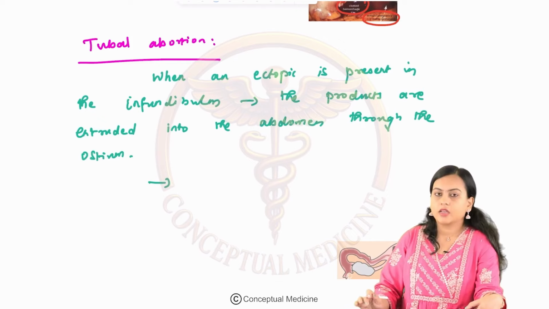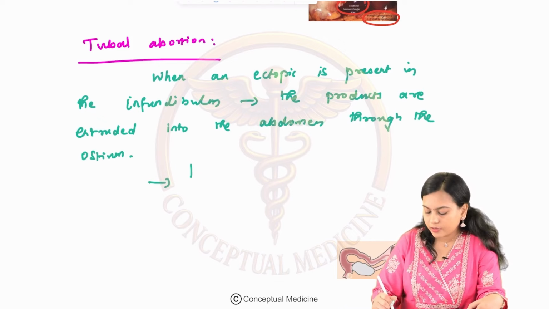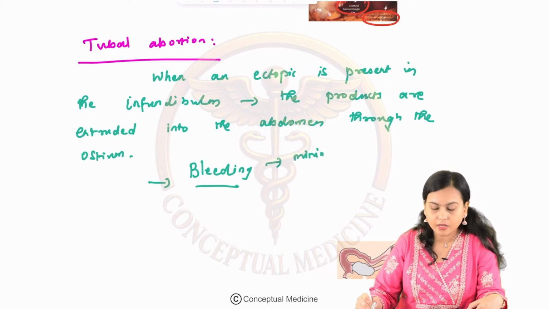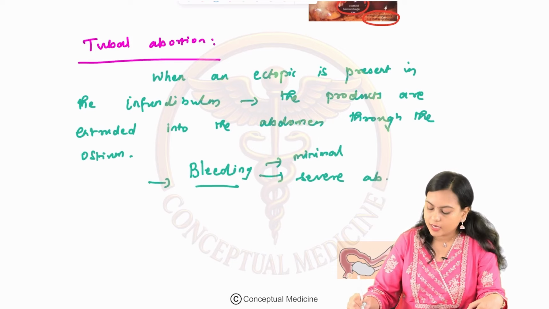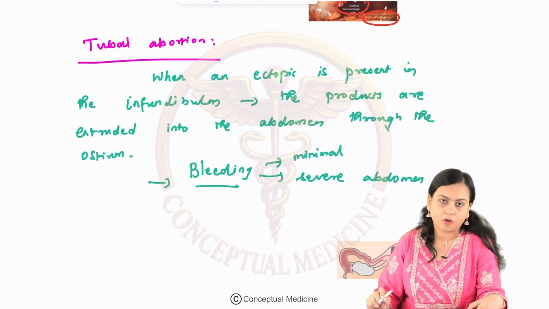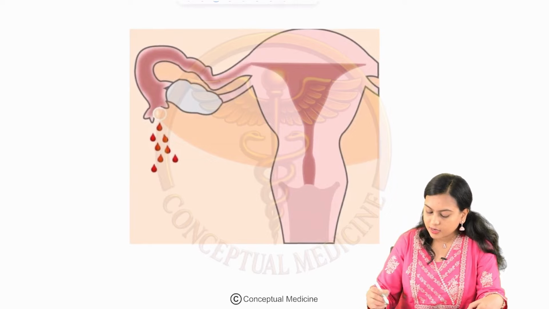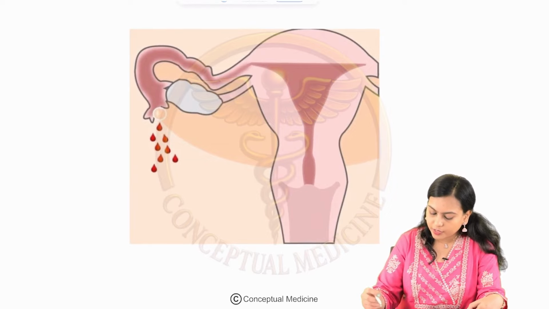Clear? Now in this case, if you ask about the bleeding, it can be either way. It can be minimal, or there can be severe bleeding enough to collect in the cul-de-sac also. This is a picture of tubal abortion.